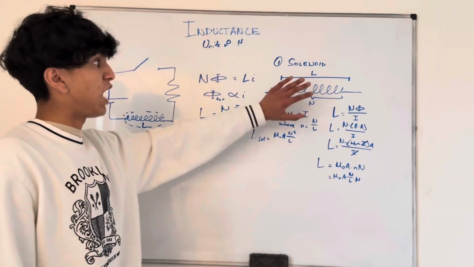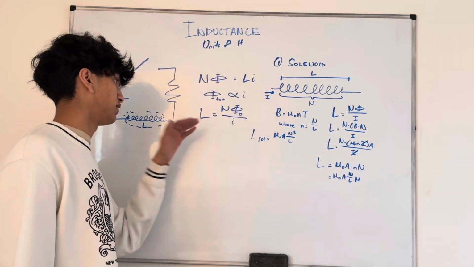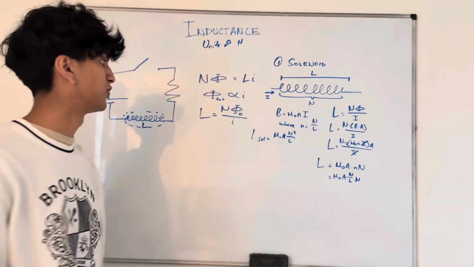So the way my solenoid is made impacts the inductance, not the current or the flux going through it.